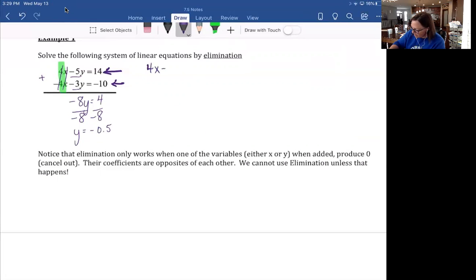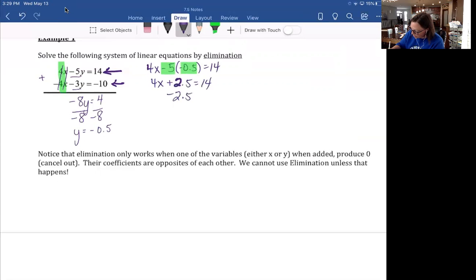So 4x minus 5 times my y number is equal to 14. So this becomes 4x plus, negative times a negative is a positive, so plus 2.5 is equal to 14.